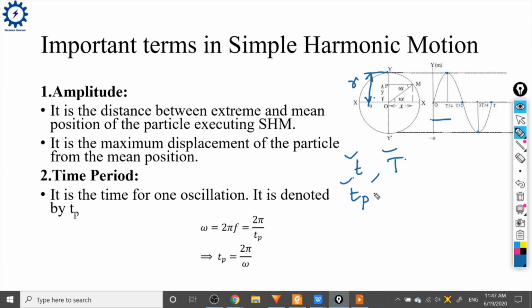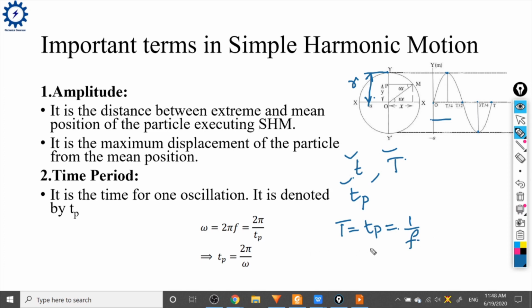What is the relationship between omega and time period? Omega, time period and frequency. Let's see those relations. Let's consider time period as Tp here. Tp equal to 1 by f, where f is the frequency.